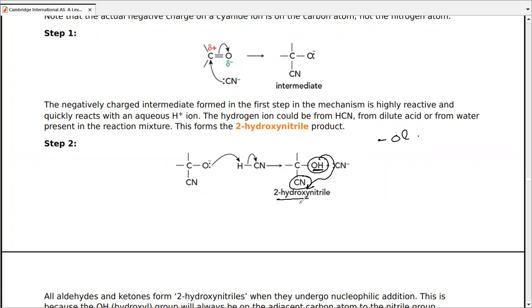So it's not ol anymore for alcohol. This means this got second preference, this got the first one. Why the first one? Because it consists of a carbon atom. Of course, this carbon atom would be one, this carbon atom would be two, hence 2-hydroxy, not alcohol or ol anymore, 2-hydroxy, and the one is the position for nitrile. We don't need to mention one, we can simply go for 2-hydroxynitrile.